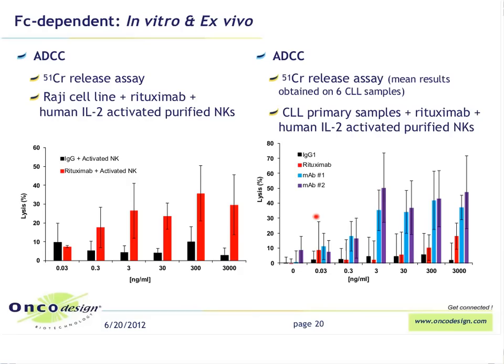In this assay, we observe that in primary samples, no efficacy of rituximab is evident at the dose of 0.3 nanogram per ml, as we observed in the cell lines, and we only observe efficacy at the highest dose tested, 3,000 nanograms per ml.